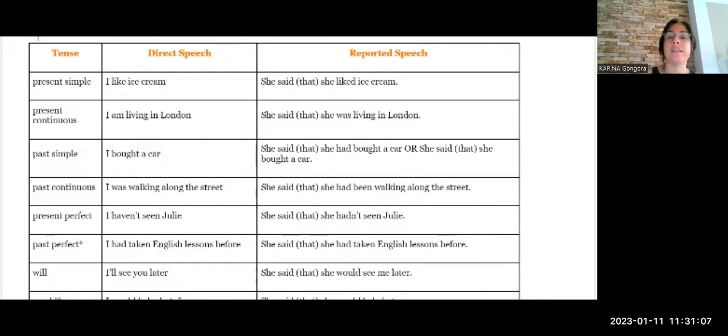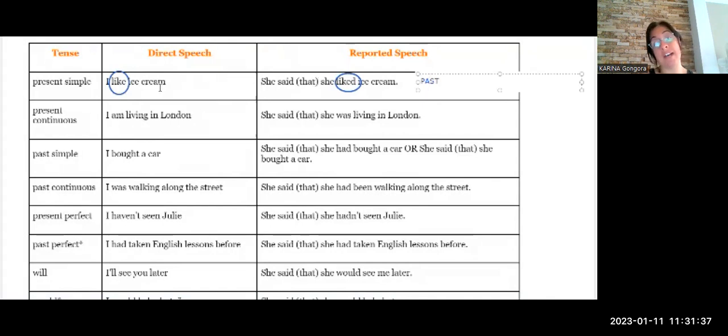So to have it very, very clear, when you are paraphrasing a sentence that is in the present, you are going to use the verb in the past, right? So for present, the correct thing is past. There you go. Miss Karina said that you can use it or not. It's not obligatory.